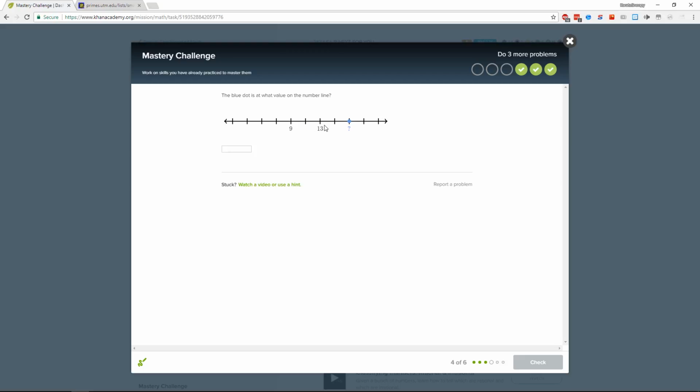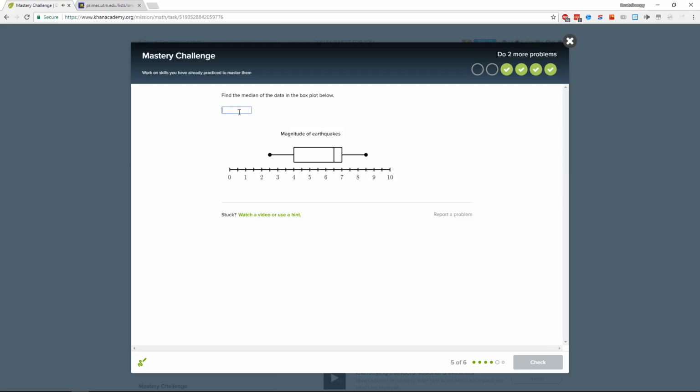Let's see if this was 10 and this was 14, then this would be a 12, so it's adding 2 each time. So it's 11, 13, 15, 17. Median is 6.5.